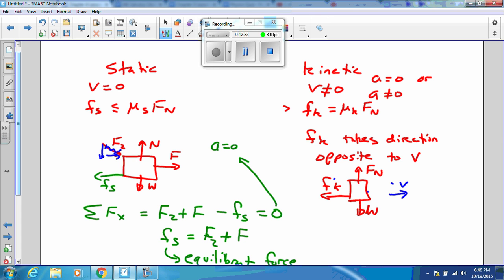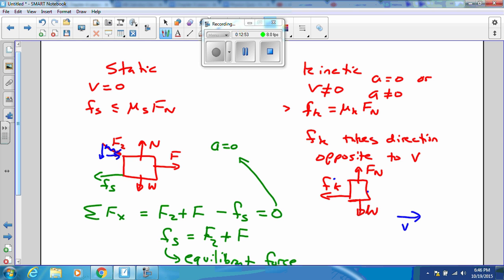Notice that the velocity does not go as a force on my object here. It's not one of my red arrows because velocity is not a force. But it is okay to draw it off to the side, just showing what direction it's acting. Or you can do it down here, and that'd be cool too. Just so it's clear that it's not a force.